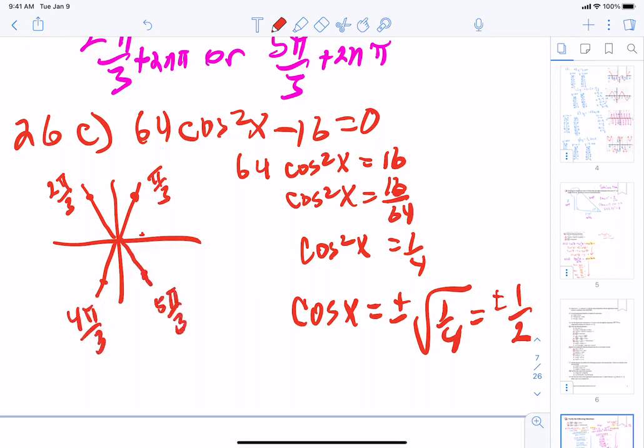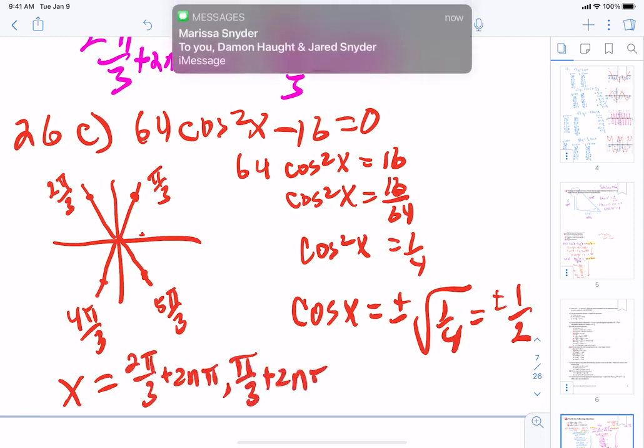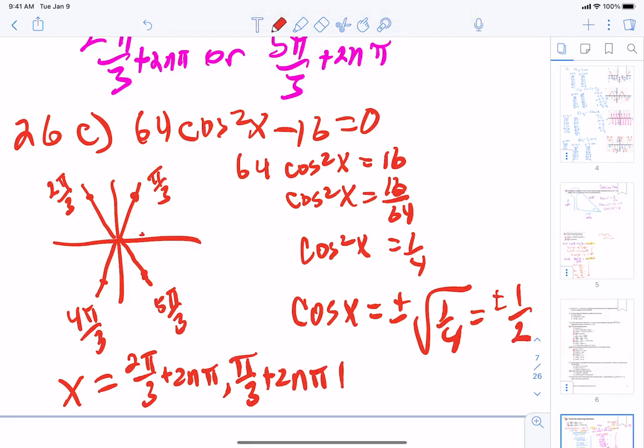So those are our answers. Put the plus 2n pi. So our answer would be pi over 3 plus 2n pi, 2 pi over 3 plus 2n pi, 4 pi over 3 plus 2n pi, and finally, 5 pi over 3 plus 2n pi.